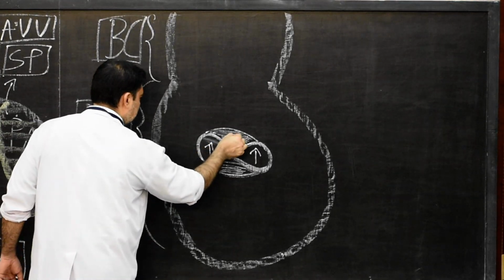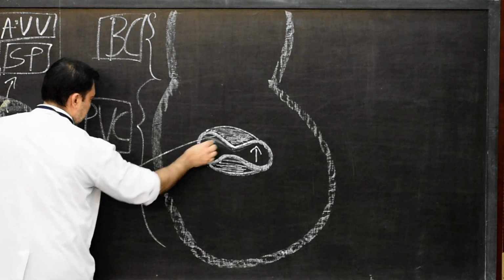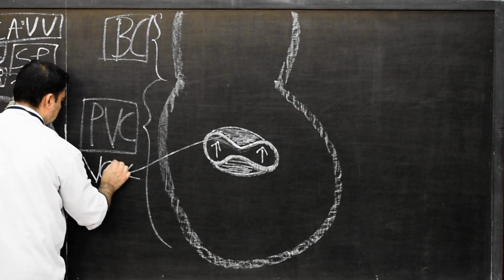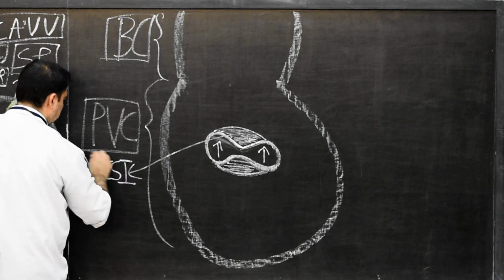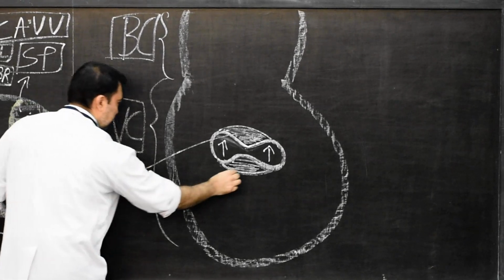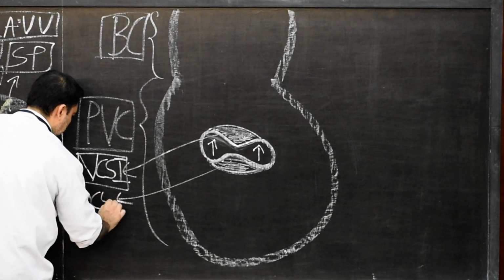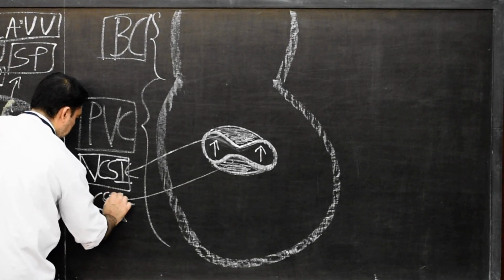So I will name this portion as the ventral cushion of septum intermedium, and this structure will be the dorsal cushion of septum intermedium.